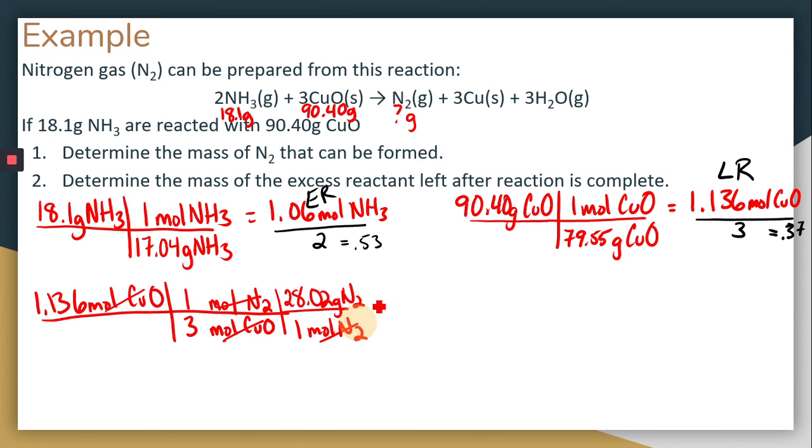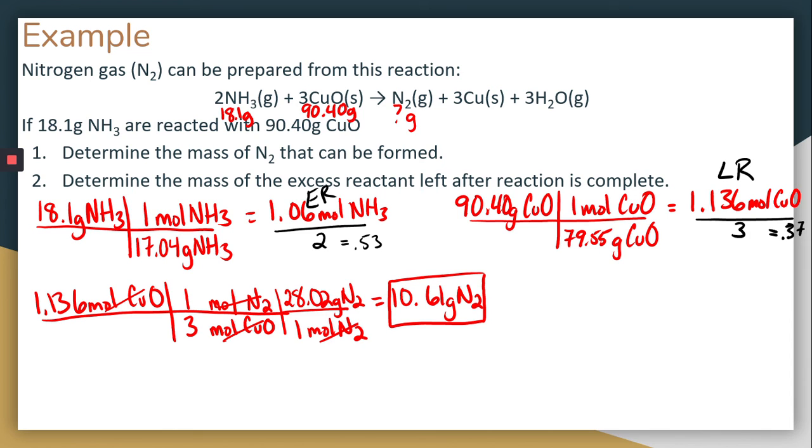So moles would cancel. So we're going to take our moles of CuO, divide by 3, and then multiply by 28.02. Keeping our sig figs, we have 10.61 grams of nitrogen. So there's my answer to part 1, and then I have to figure out part 2.